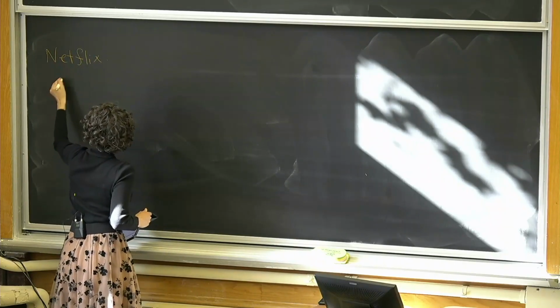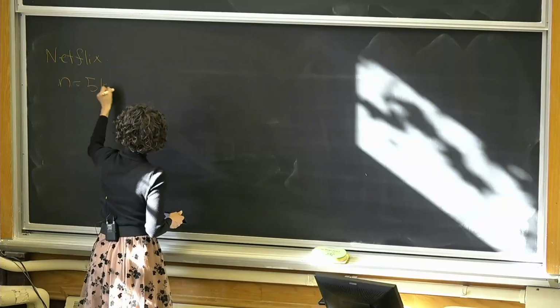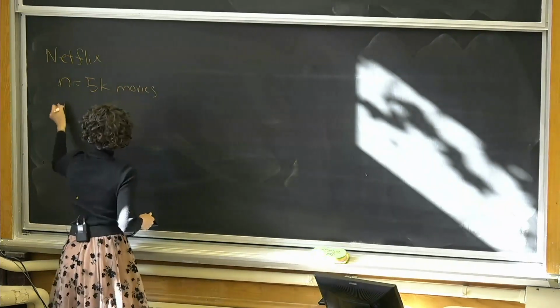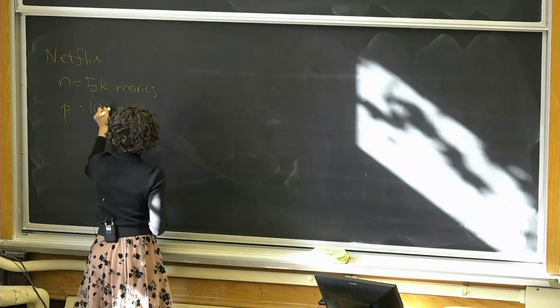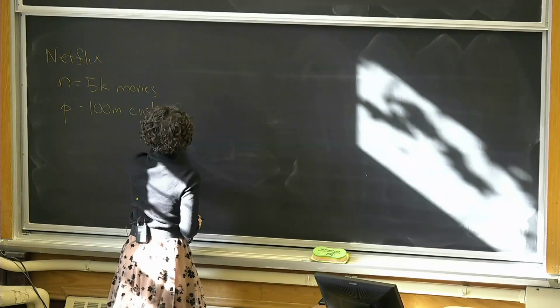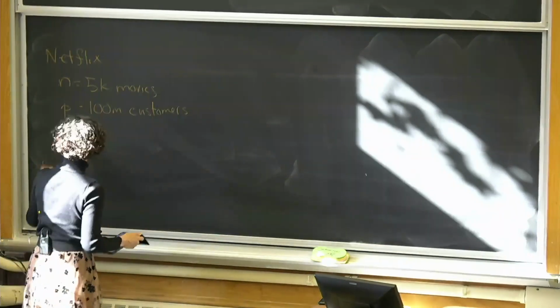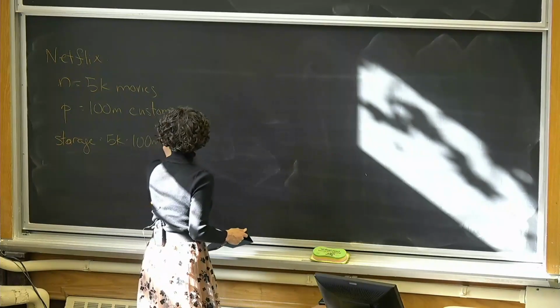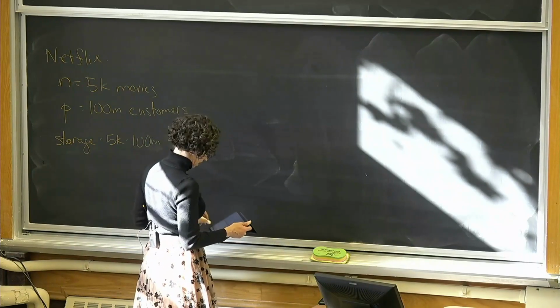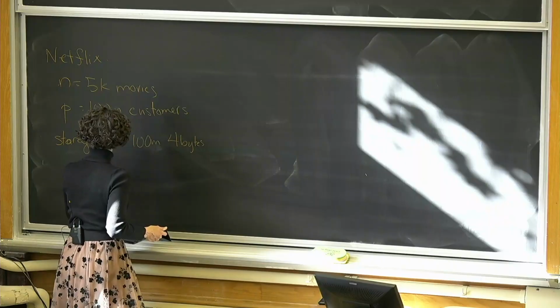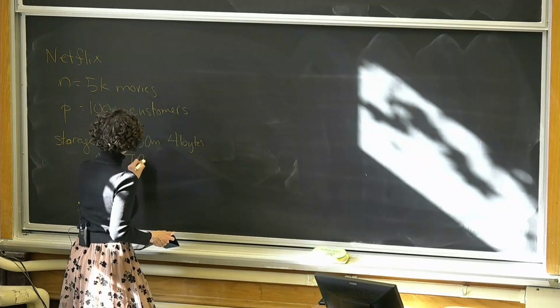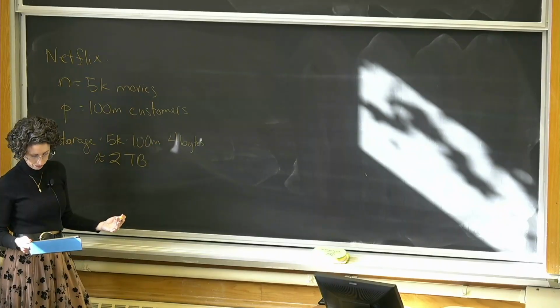We've got N being, let's say, 5,000 movies, for example, and P being 100 million customers. Okay, so if I wanted to just store all of these raw ratings, the storage would be equal to the number of entries, which is 5,000 times 100 million, times, let's just say, 4 bytes that we use to represent each rating. And this is about equal to 2 terabytes to represent this matrix.